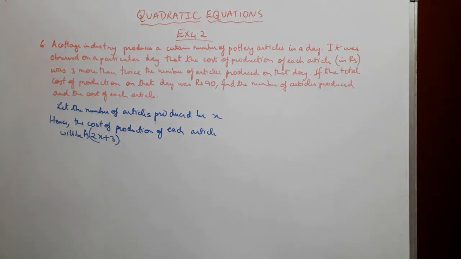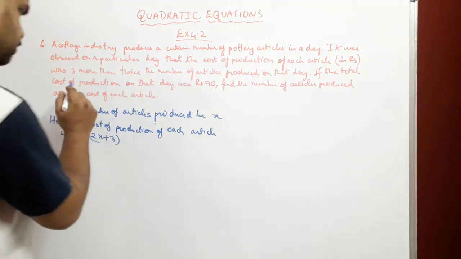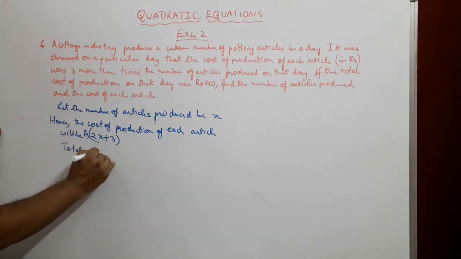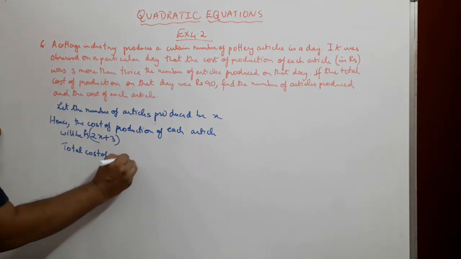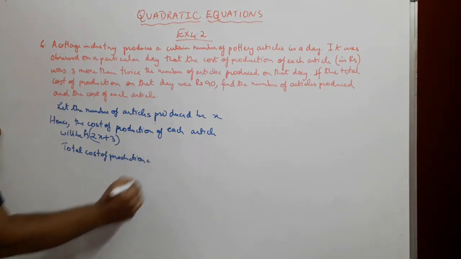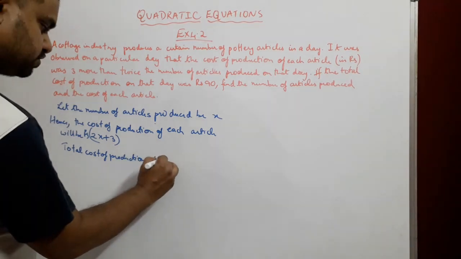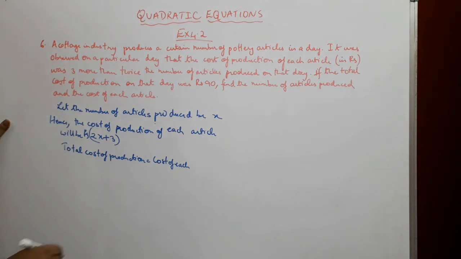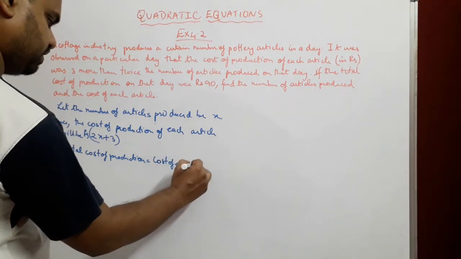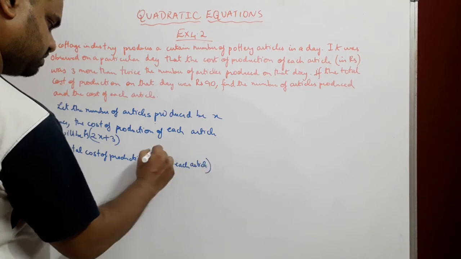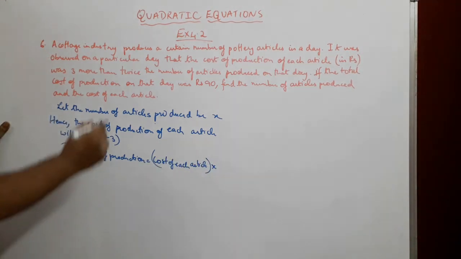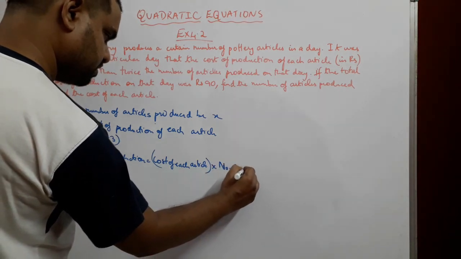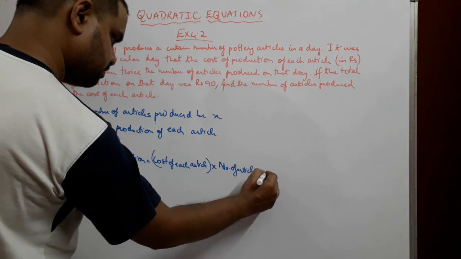So now we are given the total cost of production. So we write total cost of production will be equal to cost of each article into number of articles produced.